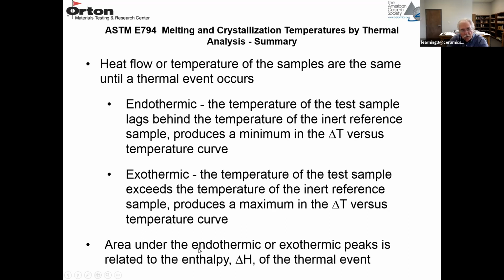Also, the area under these curves, whether it's endothermic or exothermic, is related to the amount of heat that's absorbed or given off, and that's your enthalpy, delta H, of whatever thermal event is taking place. So you can calibrate these pieces of equipment. You can calibrate a DTA and get this heat change, or the DSC, which we talked about earlier, measures that heat change directly.